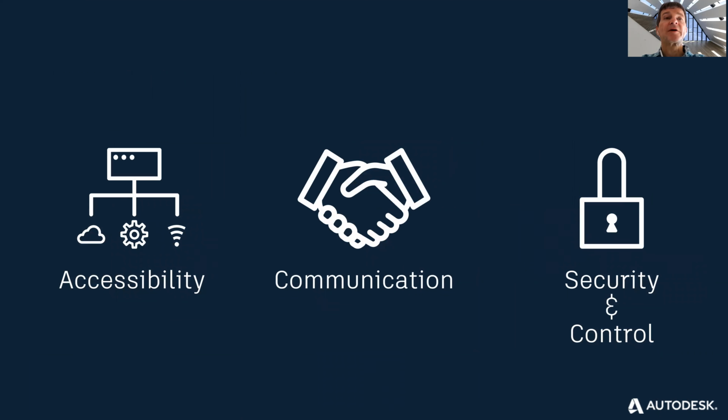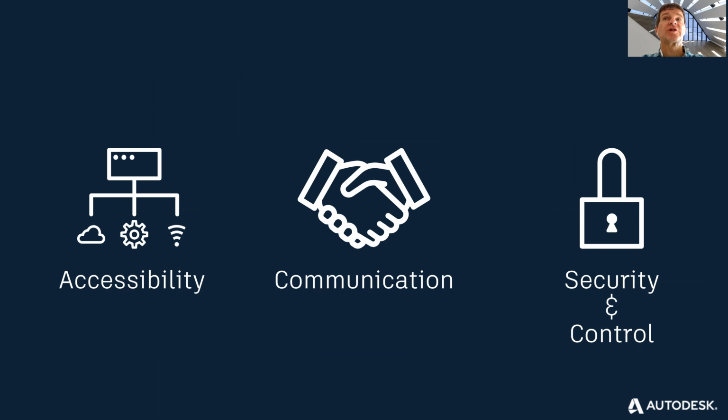So during my presentation, I will focus on these three things. Accessibility, because I'm usually asked for this, so this is why I'm focusing on it. Accessibility means that people are asking me, okay, how is it accessible? How can I access it from home, from laptop, from desktop, and so on and so forth.